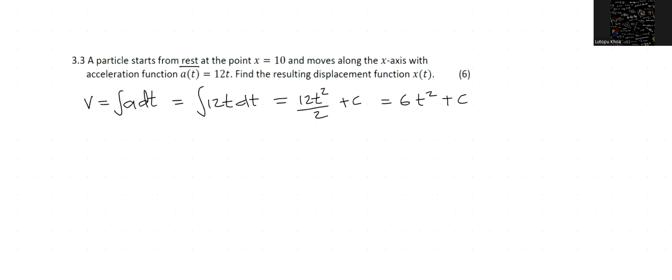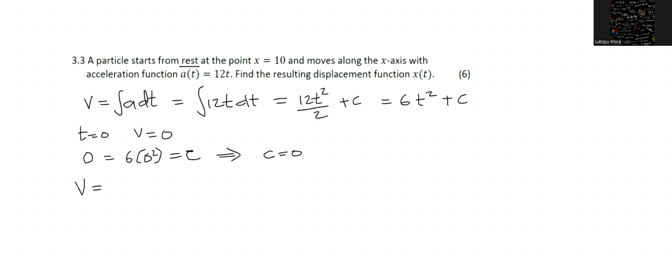So when t is equal to 0, the initial velocity is equal to 0. So we substitute t is 0 and v is 0, and then work out c. So 6 times 0 squared is equal to c. This means that c is equal to 0.